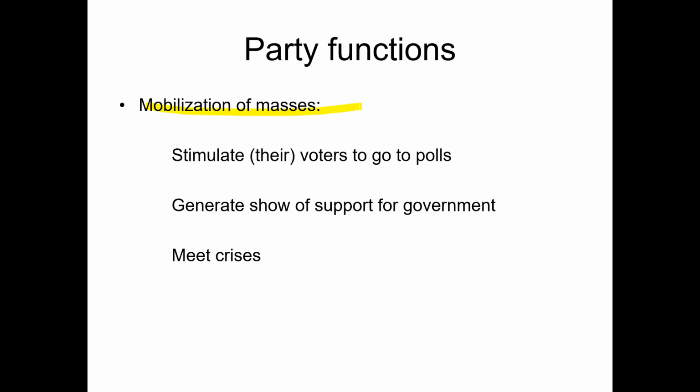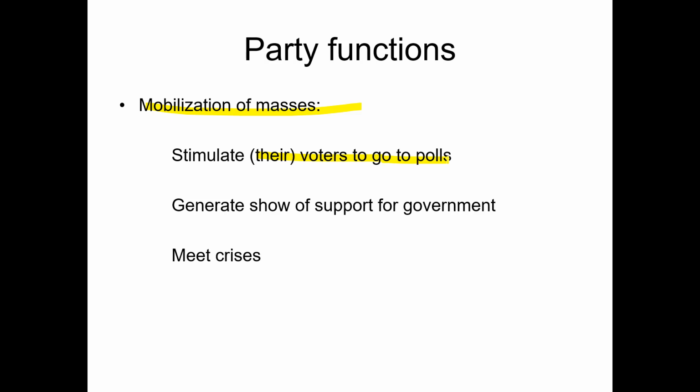Another thing that the party functions to do is to mobilize the masses, to get them to vote. They want to stimulate their voters to go to the polls. We have already talked about this in the previous class with respect to elections and low voter turnout. Parties aren't necessarily driven to stimulate total voter turnout.